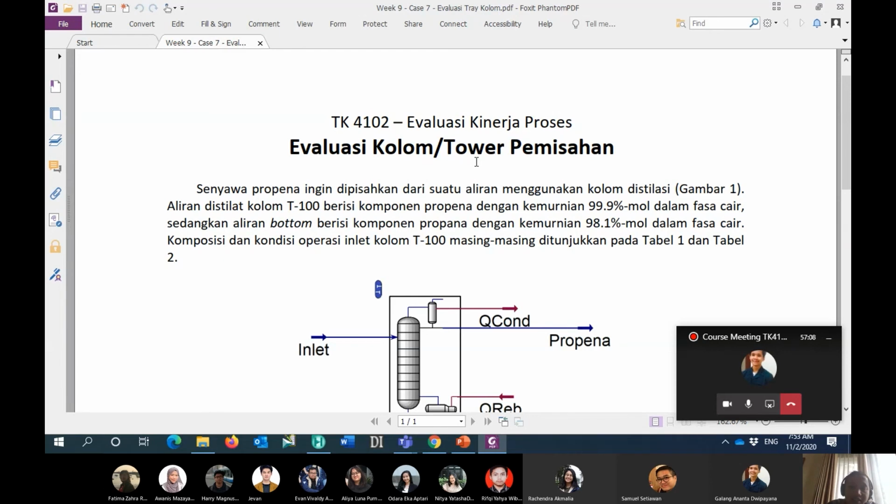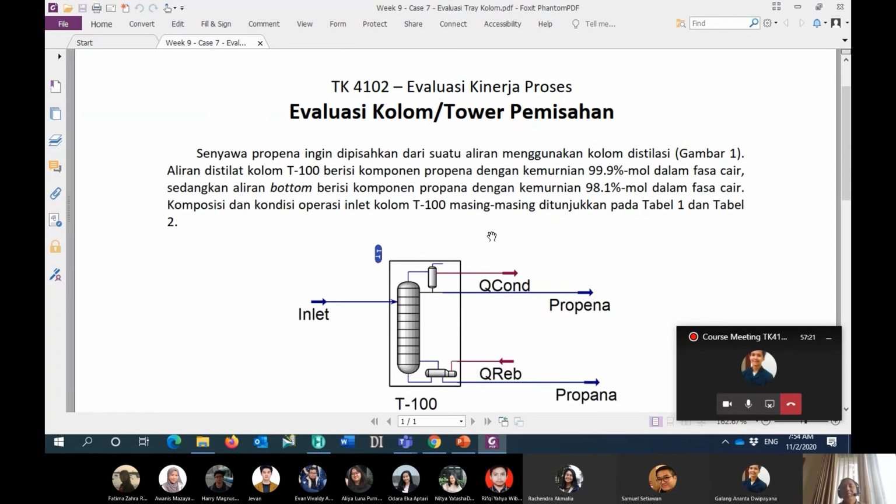They do differ in terms of boiling point. Propene has a lower boiling point compared to propane. So in this case, propene will be separated as the top product of the column, while propane will be the bottom product of the column.